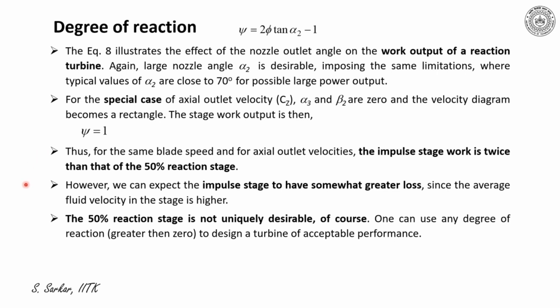However, we can expect the impulse stage to have somewhat larger losses, since the average fluid velocities in the stage are higher than in the 50% reaction machines. Furthermore, the 50% reaction stage is not uniquely desirable, of course. One can use any degree of reaction greater than 0 to design a turbine of acceptable performance.